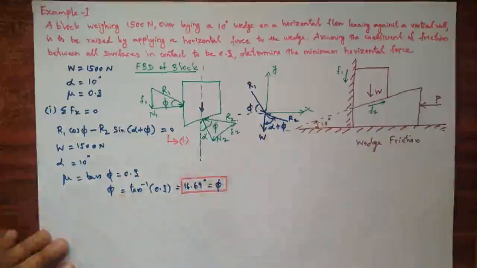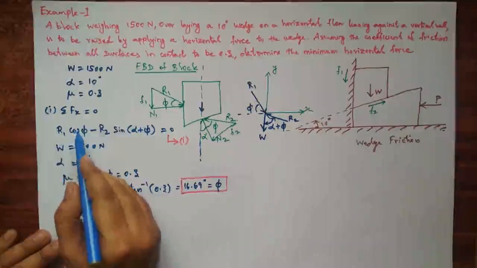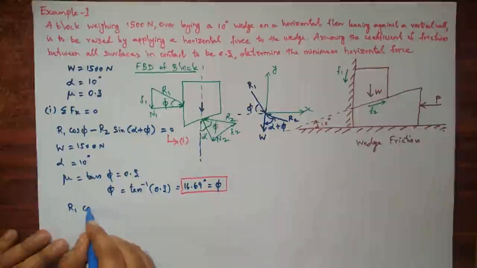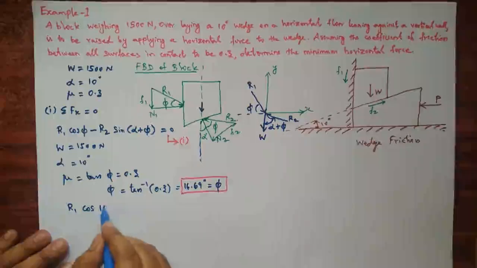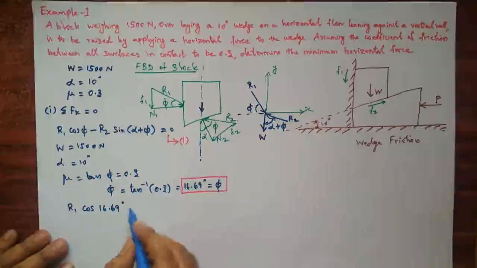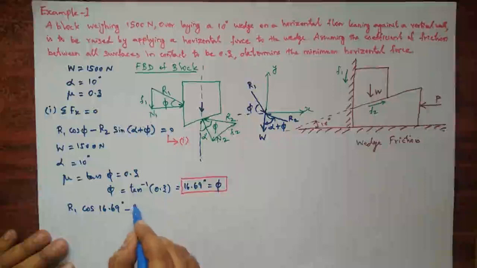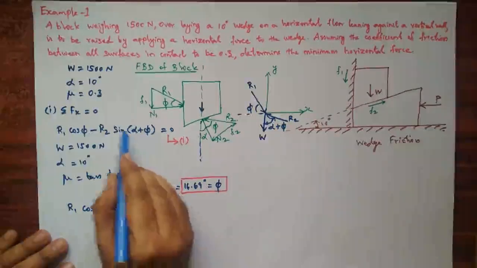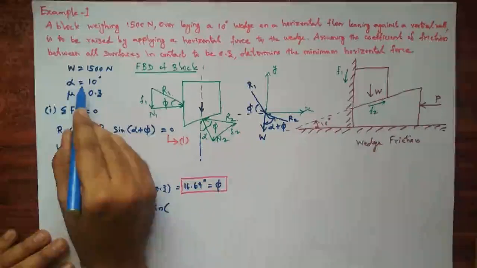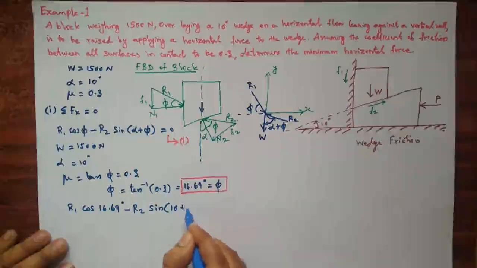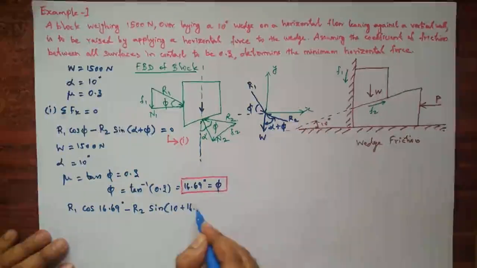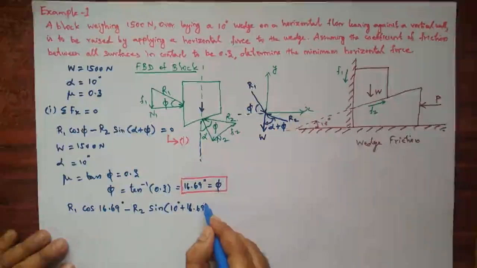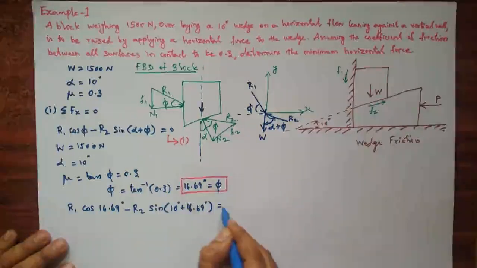R1 cos 16.69 degrees minus R2 sin, where the alpha value is 10 degrees, given in your problem, so 10 plus 16.69 degrees, equals 0.